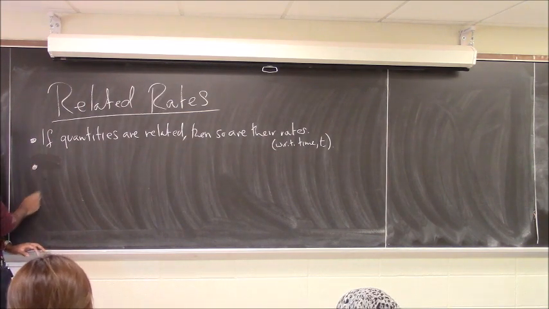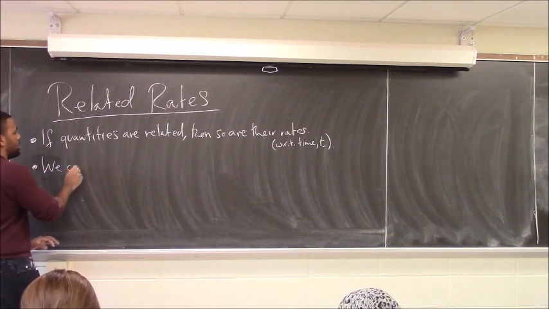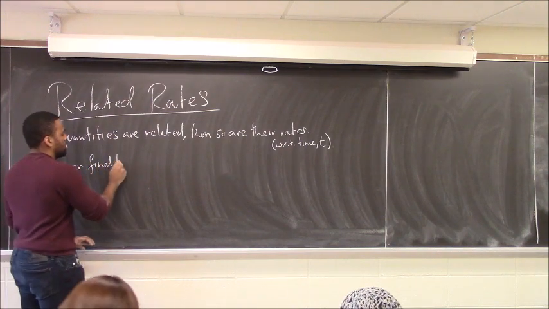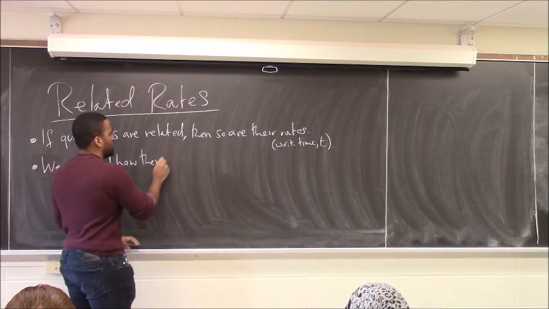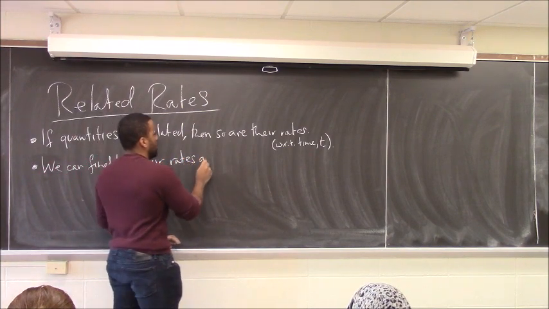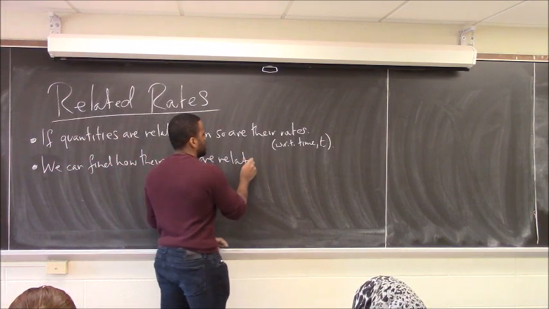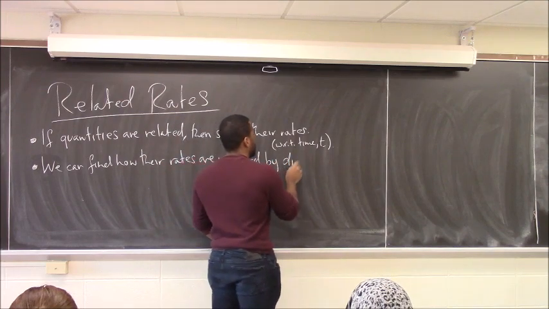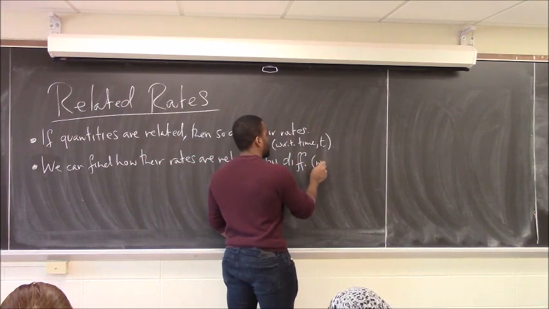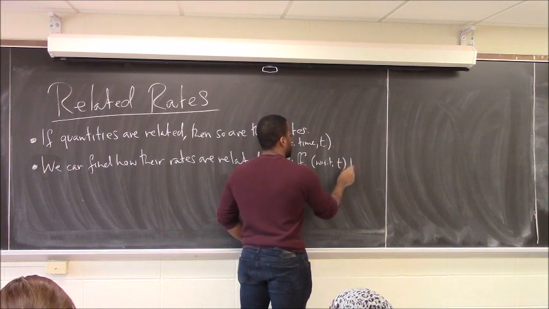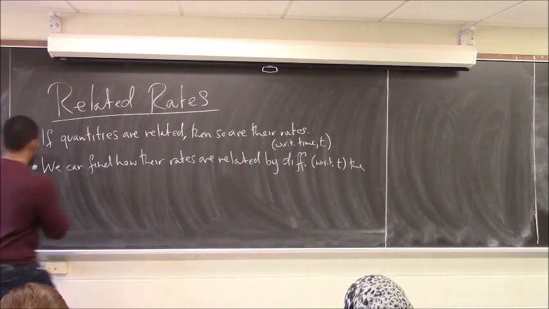So the idea is we can find how their rates are related by differentiating with respect to time the original relationship.